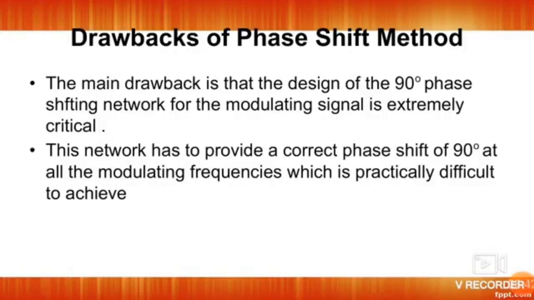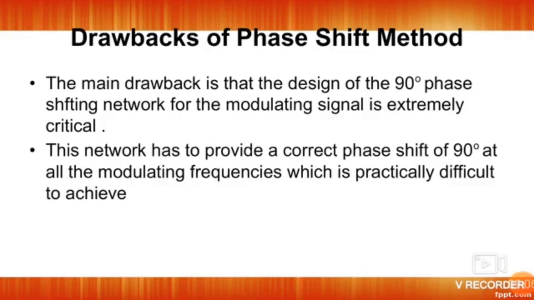So if we want to get the LSB, we can give the direct input to the upper product modulator and the 90-degree phase shift to the lower product modulator. If the other sideband is needed, we can reverse that: product modulator 1 is given the 90-degree phase shift and the other product modulator is given directly.